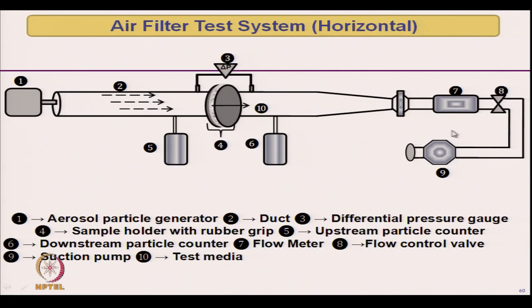The suction pump will suck the air, so that the aerosol particles flow through the filter medium, and the filtration efficiency is calculated from the data of particle counters 5 and 6 in the same way as discussed earlier. The only difference here is that it is a horizontal orientation.